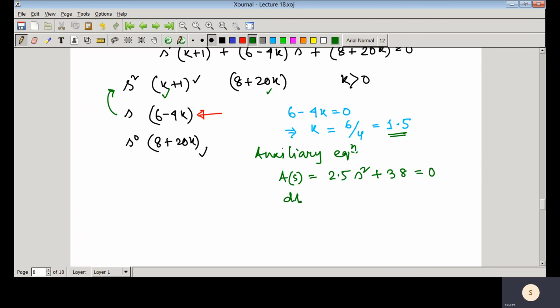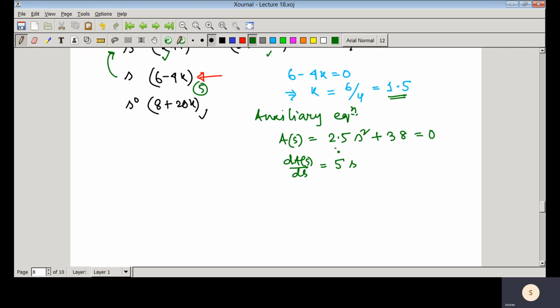So now you can take dA by ds equal to 5s. That means here you can just replace it with 5, and from this particular auxiliary equation, you'll have two roots lying on the imaginary axis, that is plus minus 3.898j.